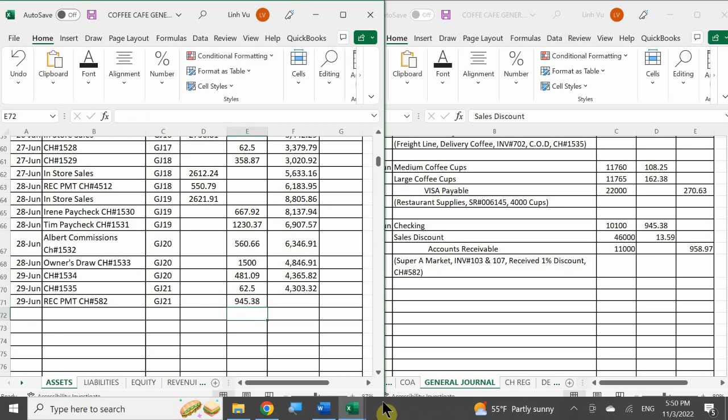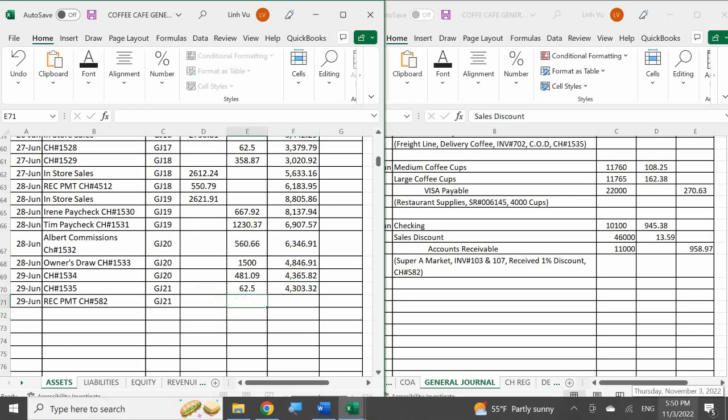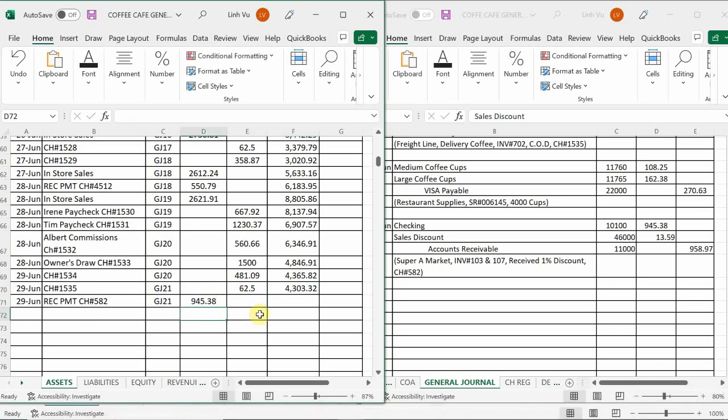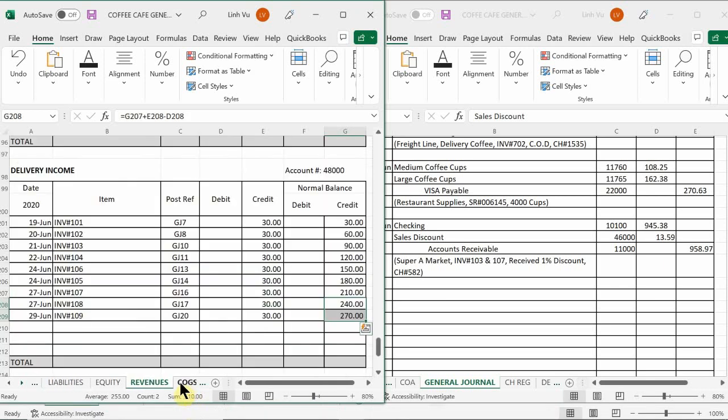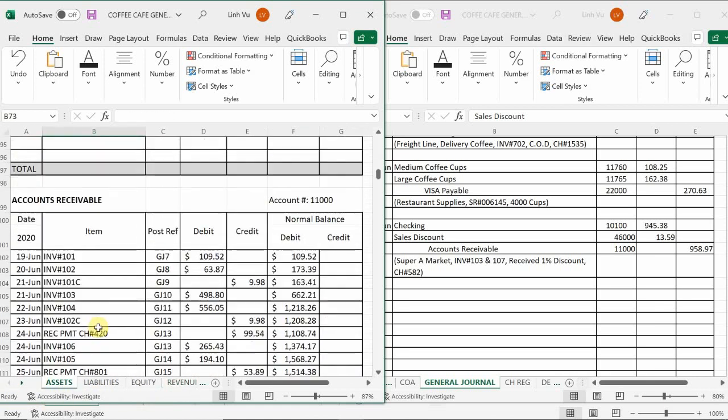Not that one, we've got to put it here, $945.38. So that should increase your checking account to $5,248.70.